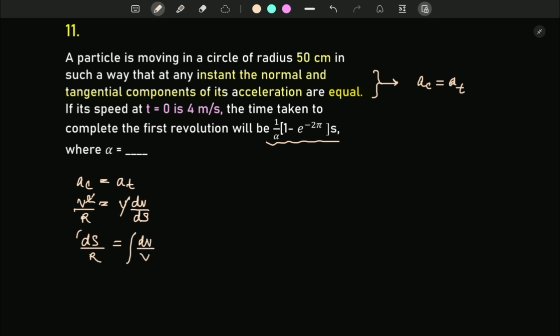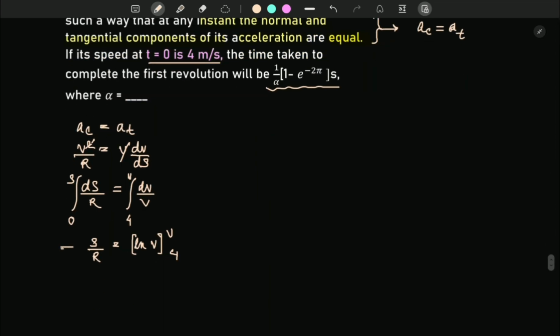Now after integration, let us put the limits also. We are given that at t equals 0, V is 4 meter per second. So on the s side, 0, and on the V side I am writing 4, and up to V, and distance s. So after integrating I will get s by R equals ln of V from 4 to V. So we will get s by R equals ln V minus ln 4, or I can say ln of V by 4.